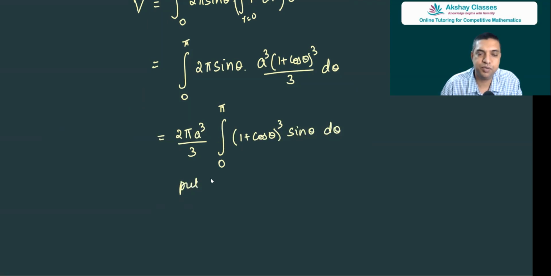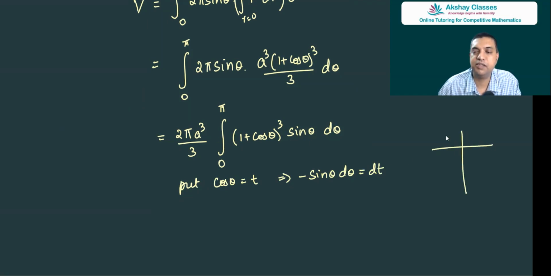Now substitute cos theta equal to t, which implies minus sine theta d theta is equal to dt. And see the limits, theta to t transformation. When theta is 0, t will be 1, and when theta is pi, t will be minus 1.